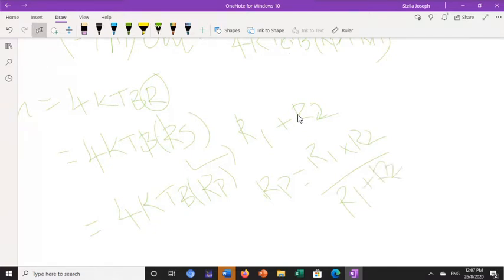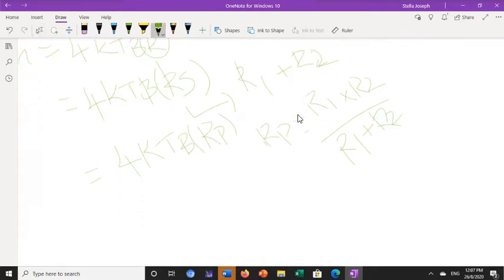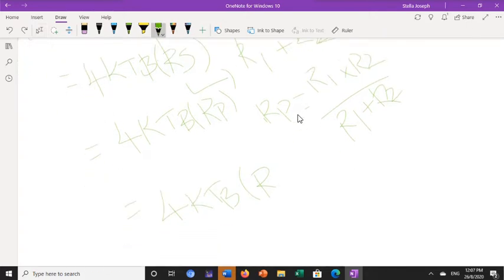Okay. If my circuit is connected with noise, then it will be like this: 4KTB into R. If it is directly connected with noise, then it is Rn. If a series circuit is connected with the noise resistance, then they will be writing it as Rs plus Rn.